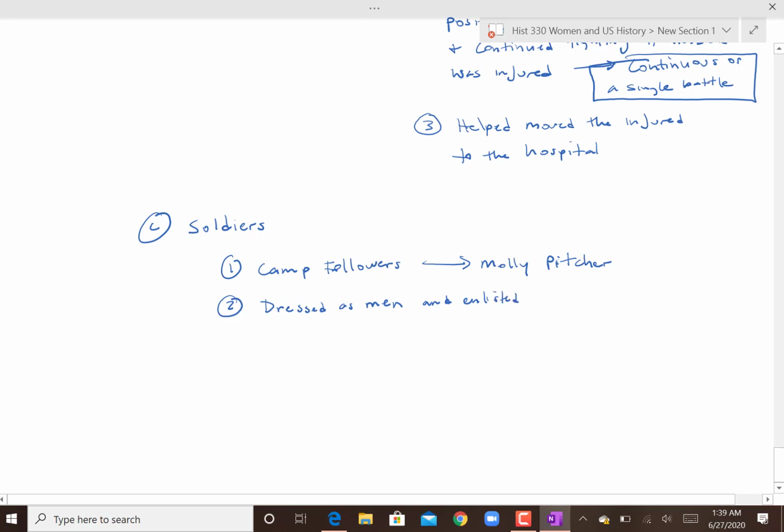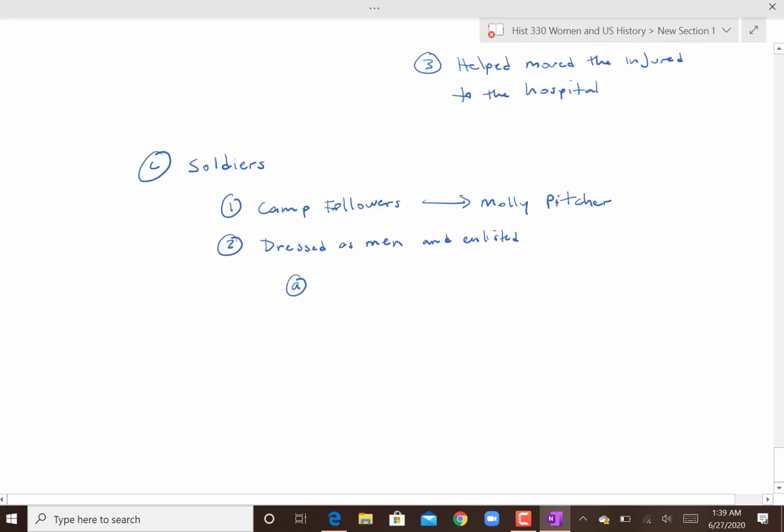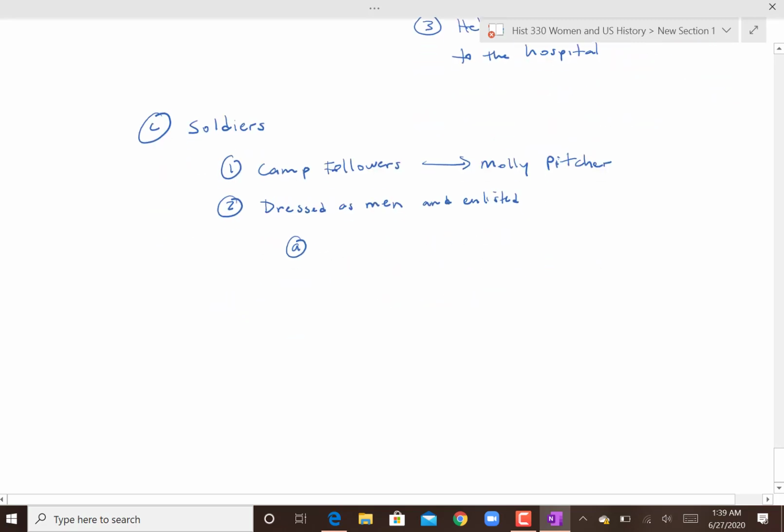There were some women that wanted to help, and they felt this was the best way that they could help. Probably one of the most famous was Deborah Sampson, and she dressed up as a man and enlisted twice. And she enlisted twice because she was discovered one time and then went back.